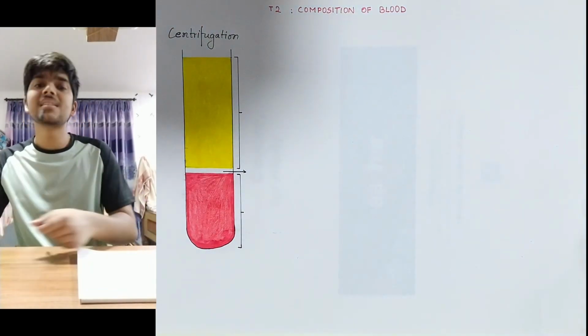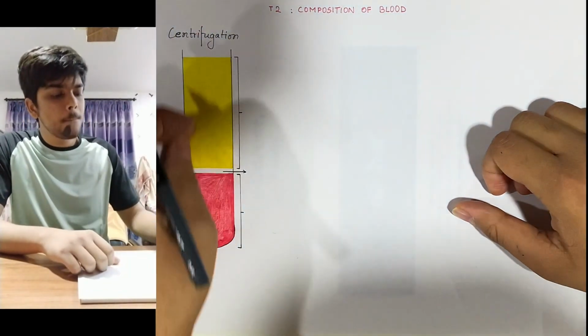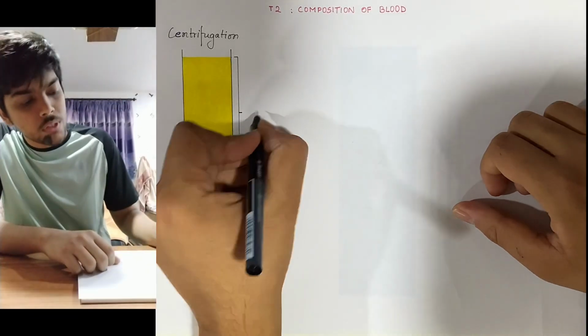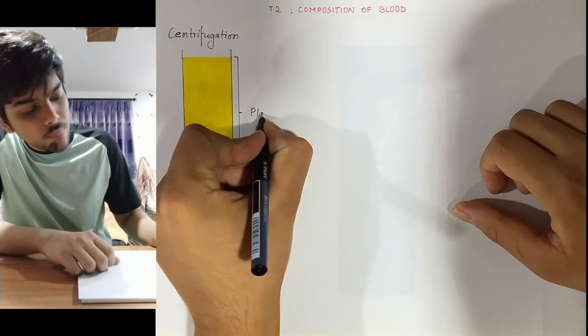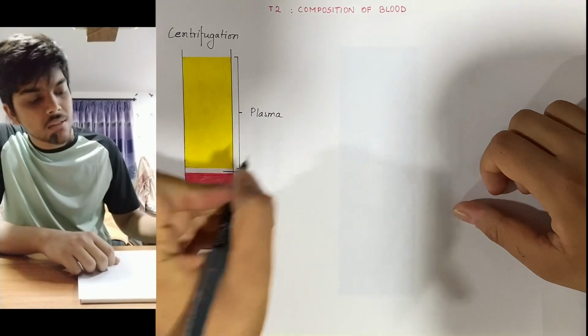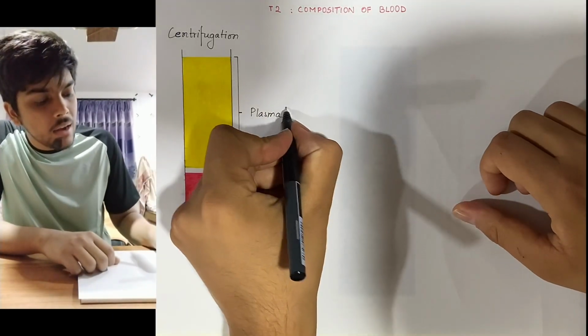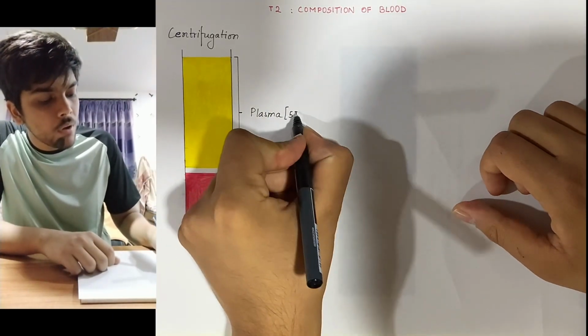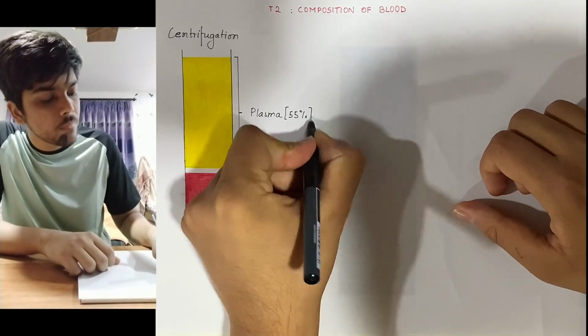As you can see, there's a larger portion of pale yellow liquid which is known as plasma, which is straw yellow colored, and in the test tube it forms 55%.